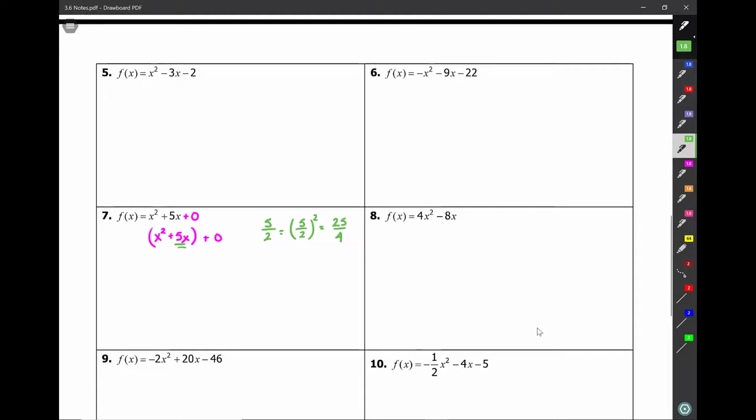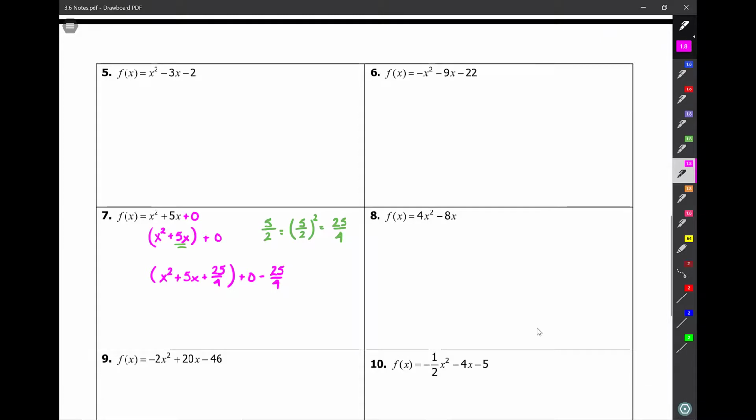So when we go back to our quadratic, we can now write it as x squared plus 5x plus 25 over 4 plus 0. And then for that plus 0, I'm going to add 25 over 4 again, or not add it, subtract it, because we want to add 0.